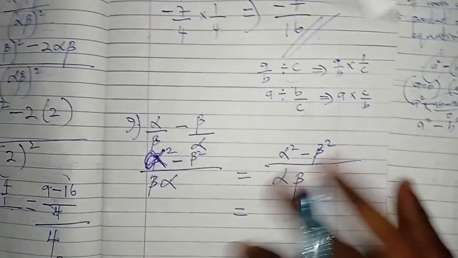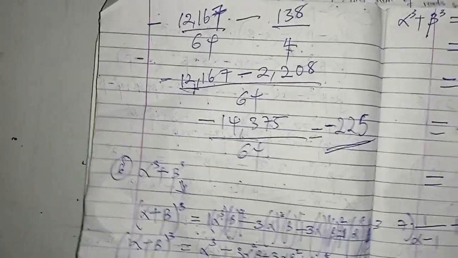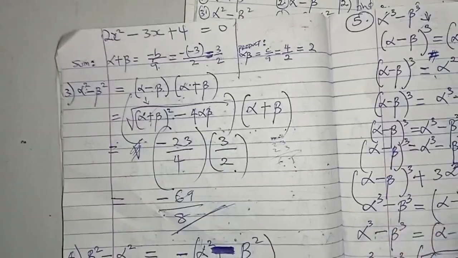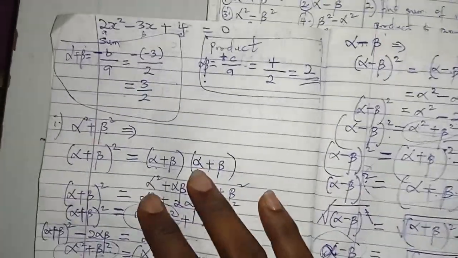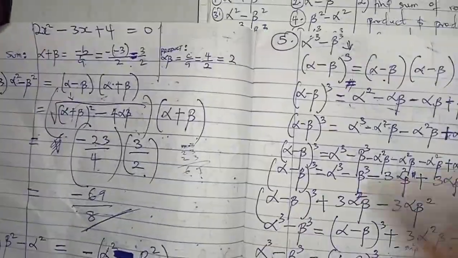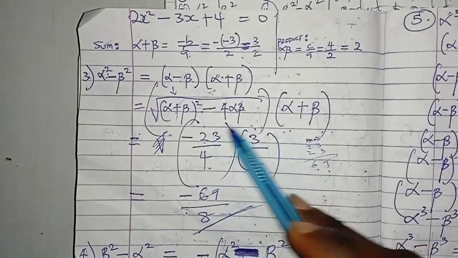Notice that we've gotten something like alpha square minus beta square. Let's check what we got for it. Alpha square minus beta square, difference of two squares. It should be somewhere here. Yes, alpha square minus beta square, we got it.